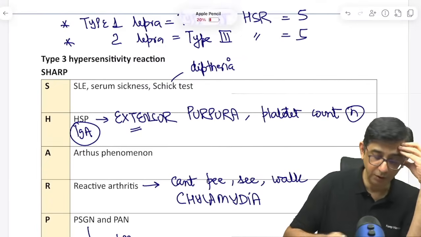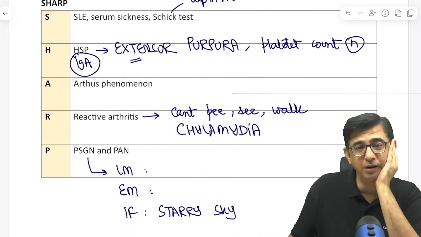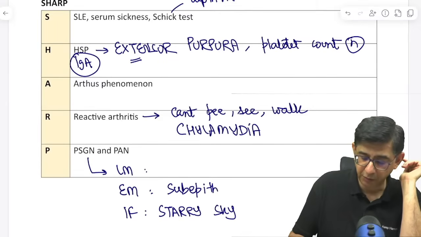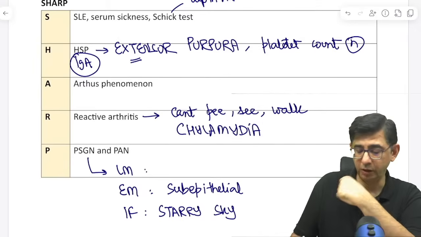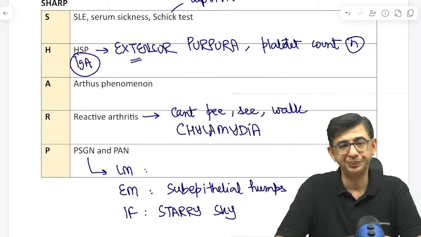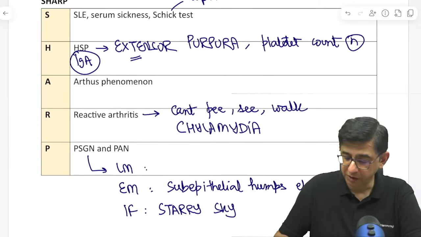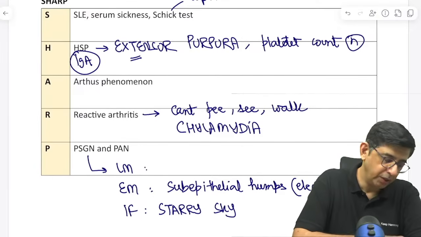Podocytes are not involved, brother. We are not discussing minimal change disease here, we are discussing PSGN. The electron microscopy finding in this particular case would be presence of subepithelial deposits. Not endothelial, that is in lupus. It is subepithelial humps that would be present in this patient. You might say the word electron dense deposits. And then is the light microscopy finding.